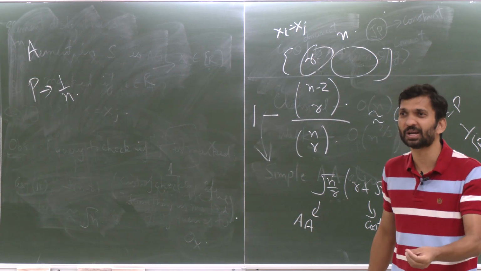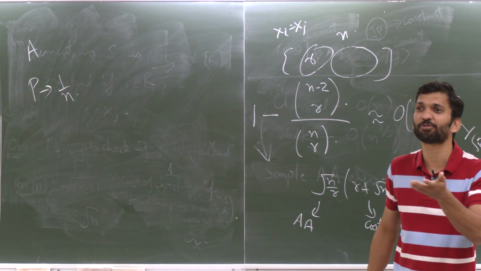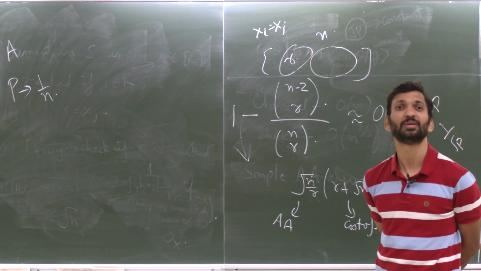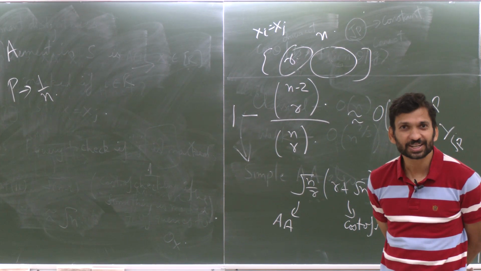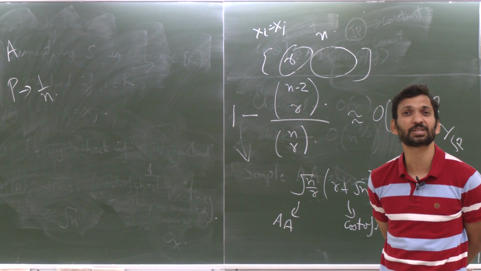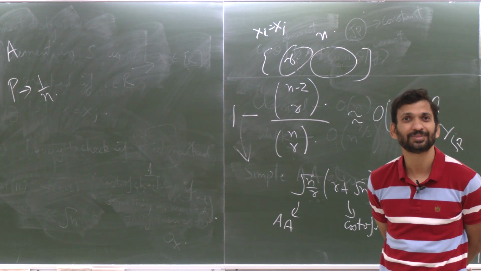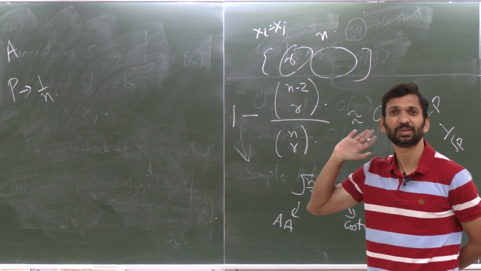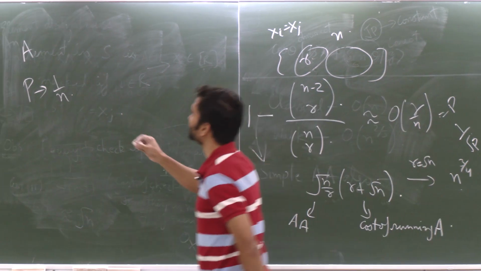What is the simplest algorithm if you want to search in a list of n elements? And check if it is marked or not, right? What will be the success probability of that algorithm? 1 by n. That's what you are doing.